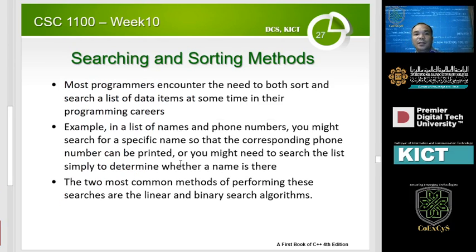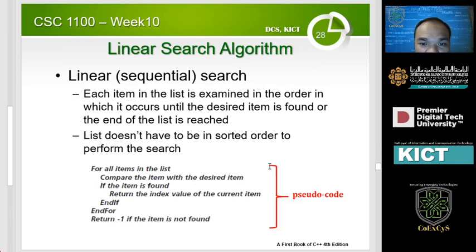So sorting is one of the most important algorithms that's being used a lot in computer science. The other one is searching, right. So most programmers will encounter either they need to sort or need to search a list of data, and we rely on the for loop a lot to do this, right.